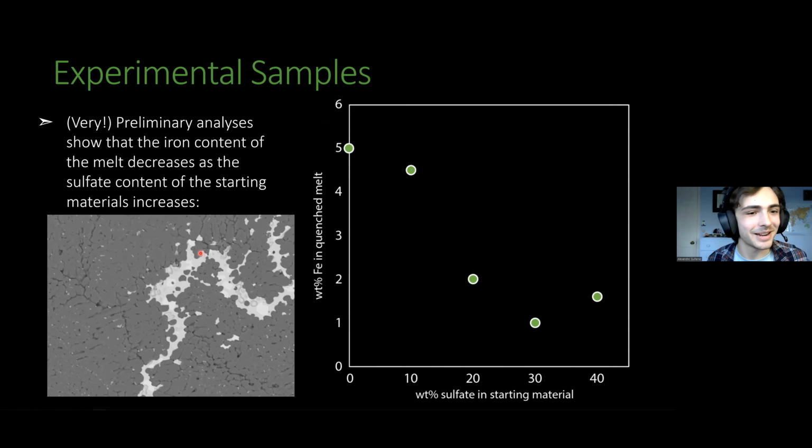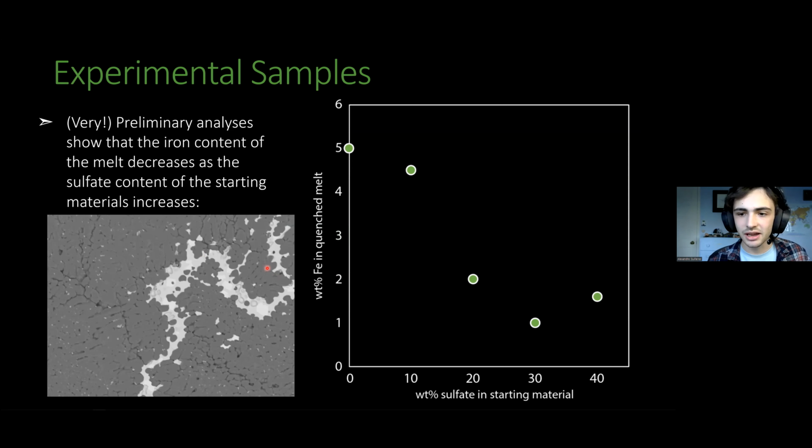Very, very preliminary analyses show that iron content of the melt decreases as sulfate content of the starting material increases. So we've been going about this by mixing in different weight percents of sulfate and carbonate. And it seems like the more sulfate we add in, the less iron that is in the quenched melt specifically.